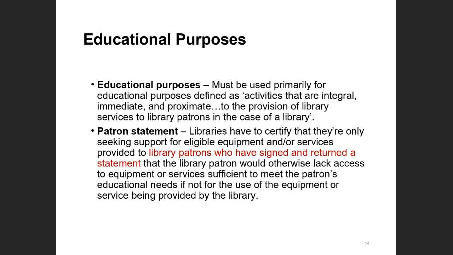So a requirement for this program is that, say in your user policy or some kind of agreement they sign before checking out the Wi-Fi hotspot or checking out the laptop, they're going to have to sign something to indicate that without this library service, the patron wouldn't have sufficient access in order to meet their educational needs.